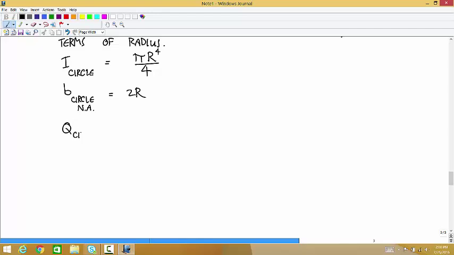Q, for a circle at the neutral axis, well, the area above the neutral axis is just half of the circle, so pi r squared over 2. The distance from the neutral axis to the centroid of that area above, we have a formula for that. It's 4r over 3 pi.